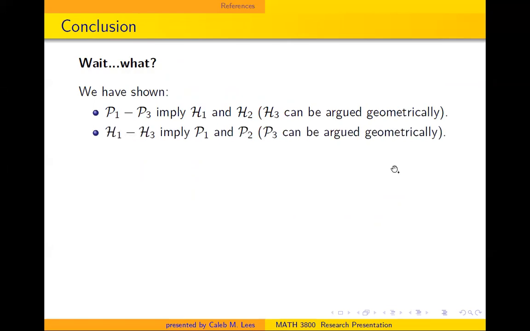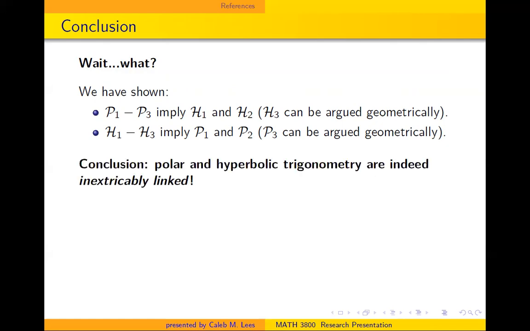And if we start with H1 to H3, we actually get P1 and P2 for free. They imply them. And P3, again, can be argued geometrically. So these two trigonometric paradigms kind of imply one another. So they are inextricably linked.